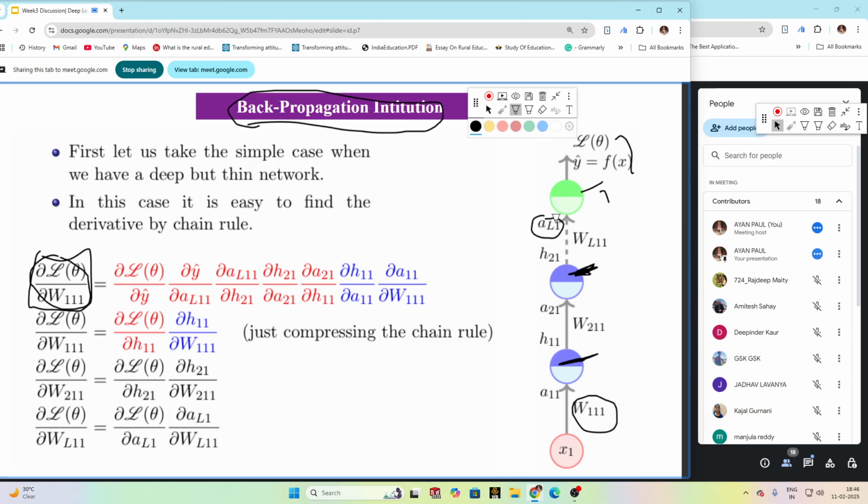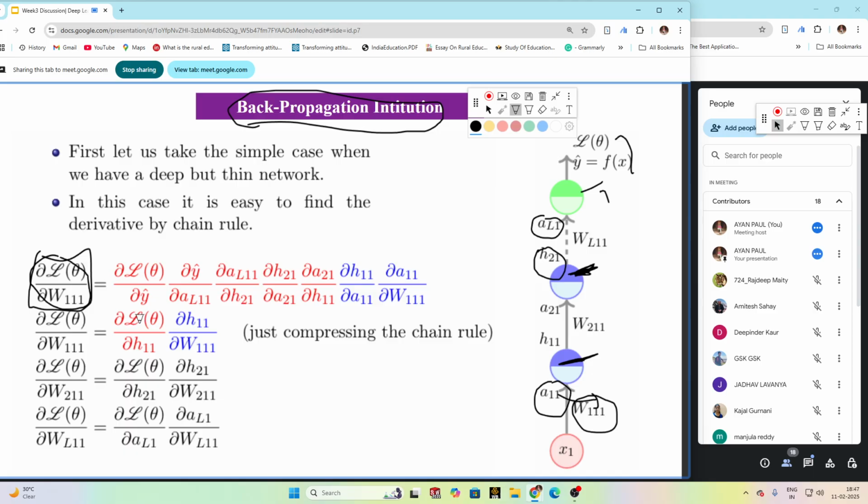Then we go from AL11 to the output of the previous hidden layer, and from the output of the hidden layer to the input of the hidden layer, and so on back through each hidden layer, and from the input of the hidden layer we can directly go to this weight.